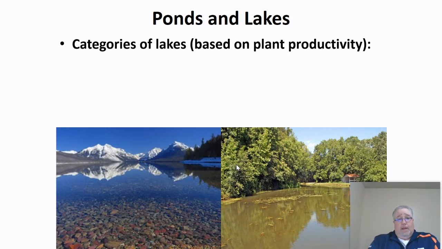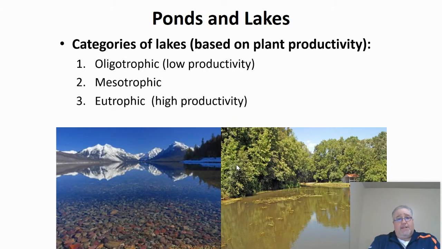All right. A couple other things here about ponds and lakes. There are typically a couple of different categories of lakes or ponds. We call them either oligotrophic, mesotrophic, or eutrophic. And the big difference between them is plant life. We call that productivity.